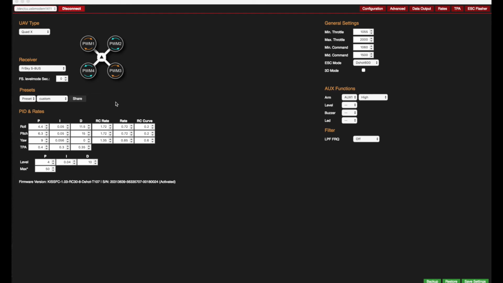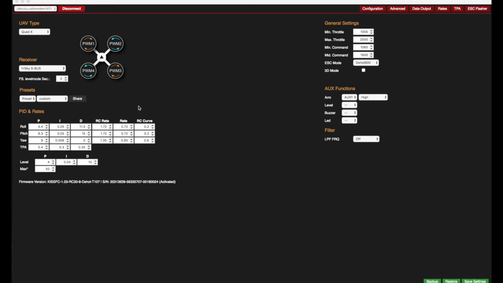Yaw is going to be a little different because I do like a yaw movement in some cases when I'm doing a move, and I try to keep the RC curve on that higher than normal because it's on the throttle stick, and I'm not using yaw that much in comparison to the other movements or tricks I'm doing. So to me, what RC rate and RC curve do is the stick feel, the stick sensitivity. That's how I think of RC rate and RC curve.